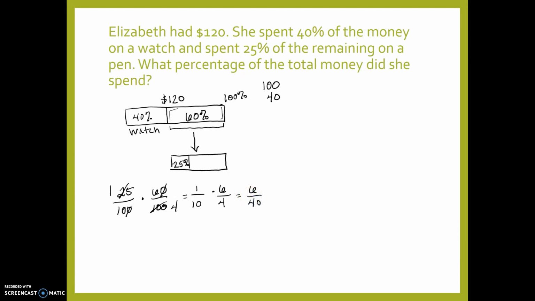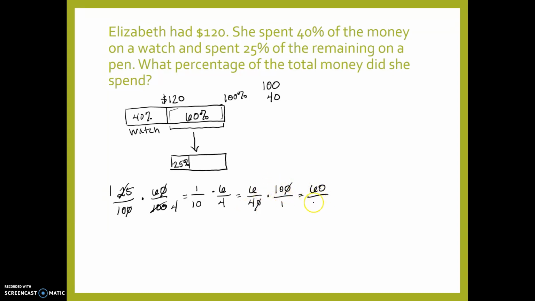And when we find a percent of a percent, remember that we should end up with a percent. So we need to use our method 2 here and convert this fraction to a percent. So let's multiply it by 100/1, and we'll cross cancel those, and let's multiply that out.